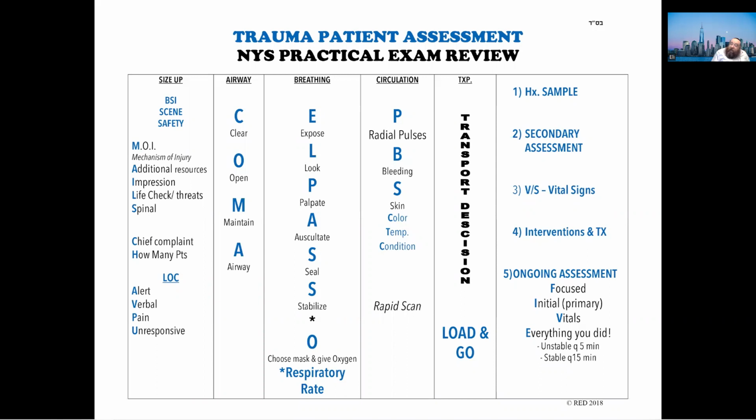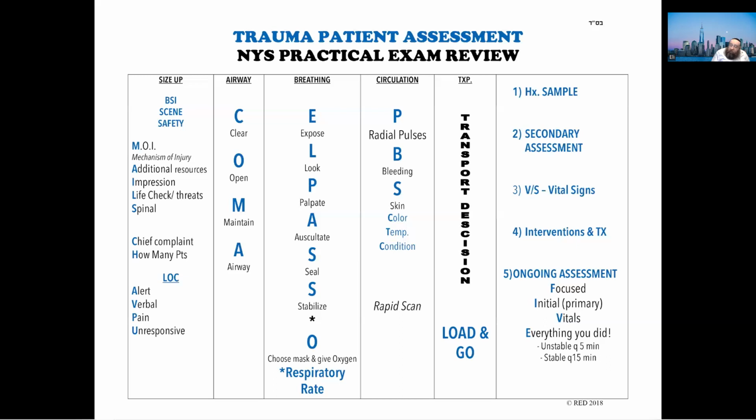Everything else in that column can be done in any order you want, but I would highly recommend that you remember MALES CH. MALES CH is an acronym, and that will give you everything that you need to do.